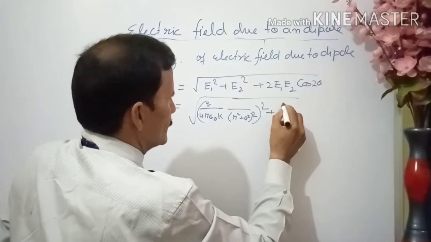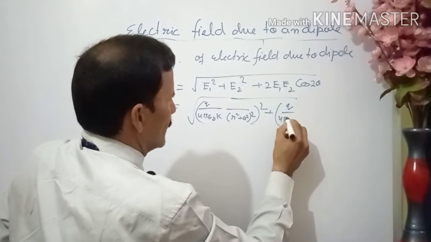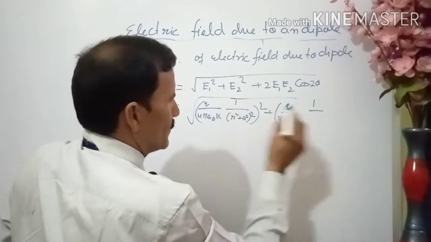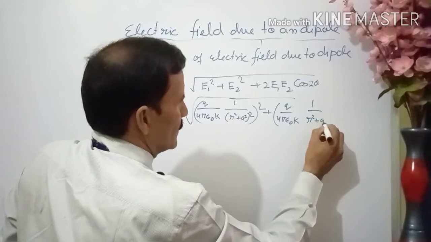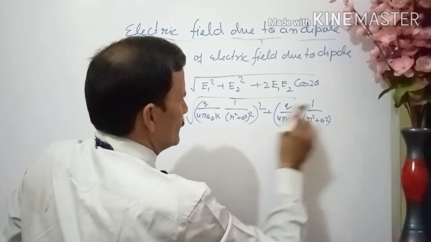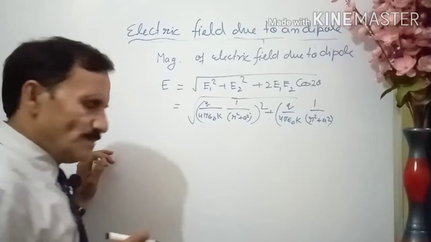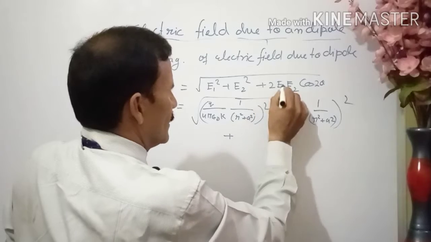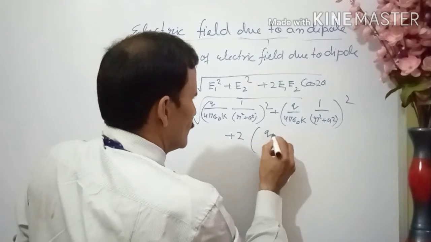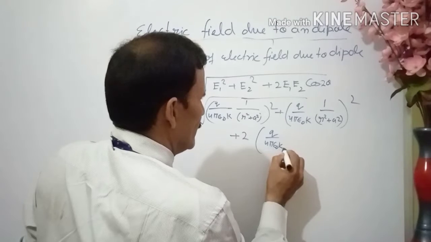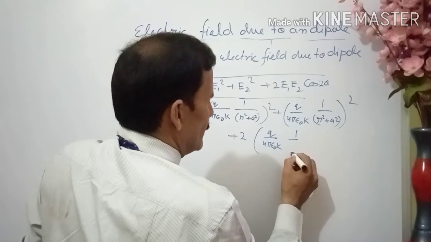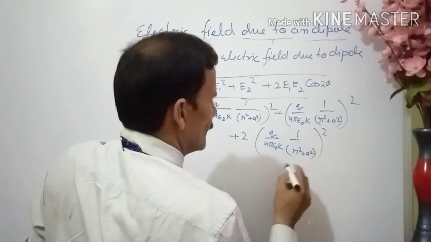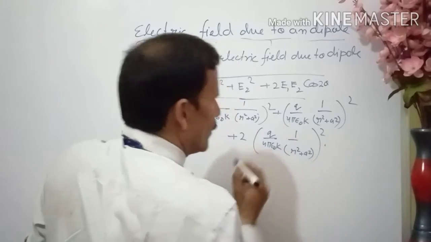Again the magnitude is the same, so q upon 4 pi epsilon naught k, 1 upon r square plus a square, the distances are the same. When you square, the square root will go away, and since both are the same, you are getting q upon 4 pi epsilon naught k and 1 upon r square plus a square, whole square, into cos 2 theta.